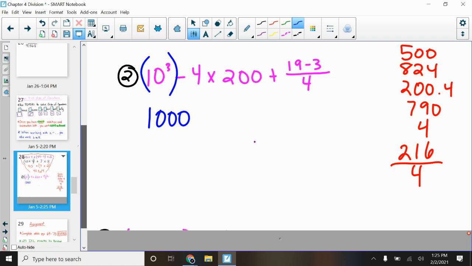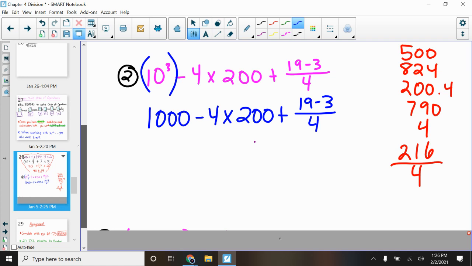And now what should we do? Everybody, say it all together. Bring everything down. Good. Bring everything else down. Minus 4 times 200 plus this weird 19 minus 3 over 4 thing. Okay. Anybody got any idea what I'm going to do next? I see no parentheses. I see no exponents. Brady, what do you think? 4 times 200.